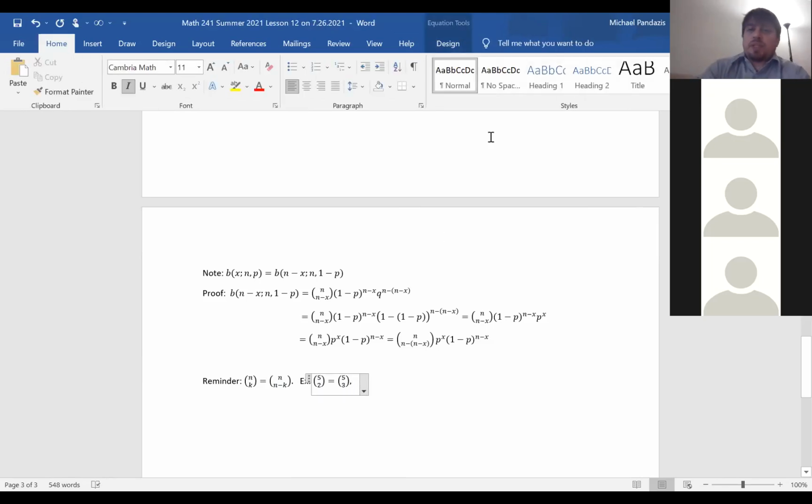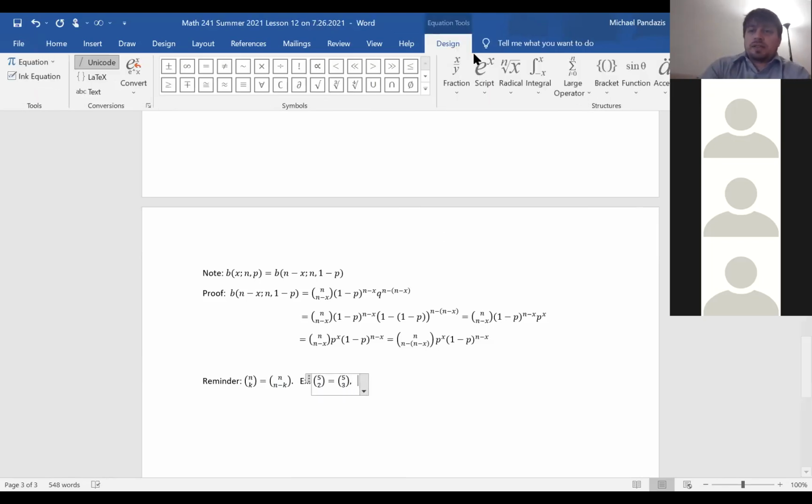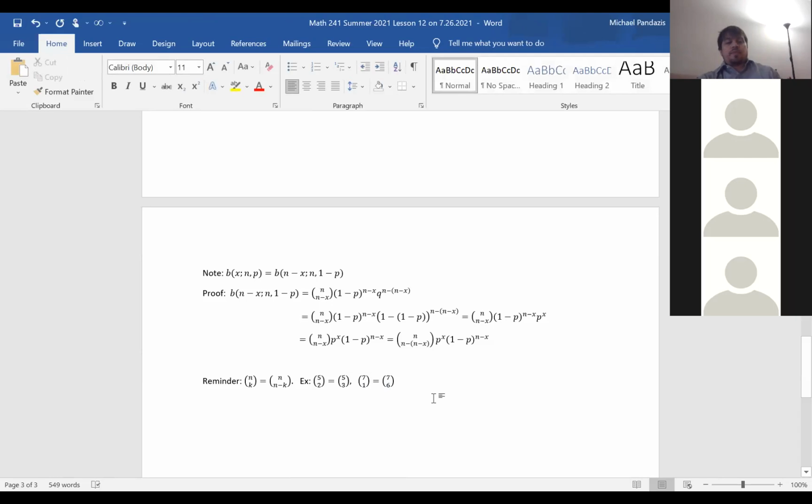Another example would be if you had 7c1, that would equal 7c, and then it would be 7 minus 1, so 7c6. See that? 5c2 equals 5c3, 7c1 equals 7c6.